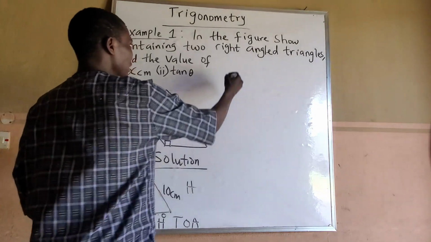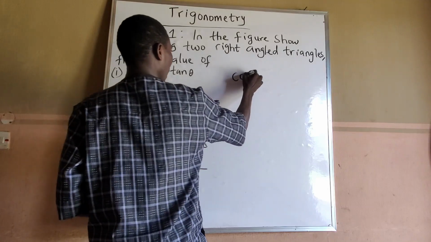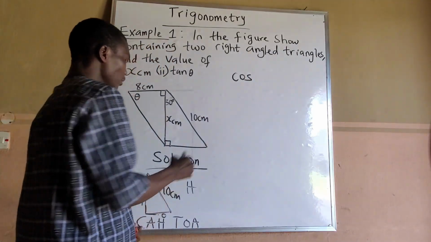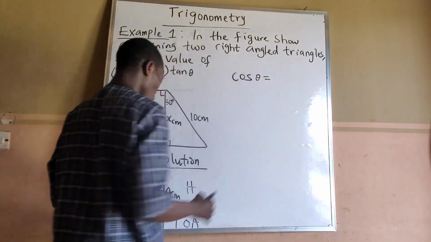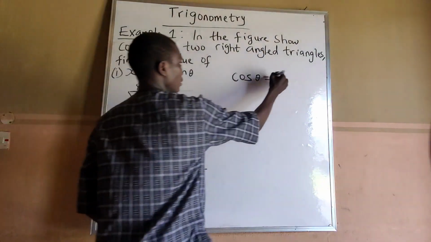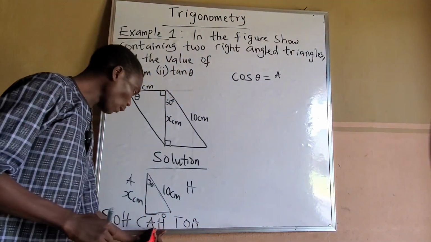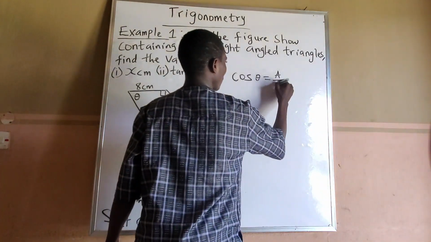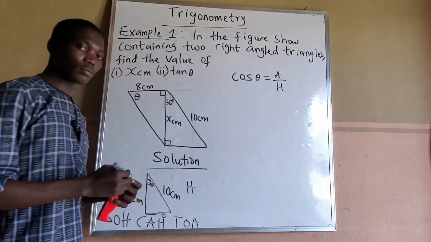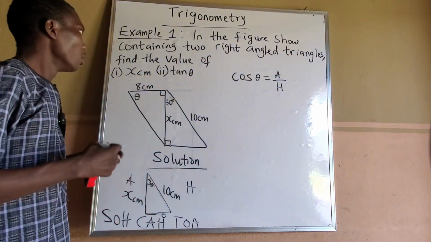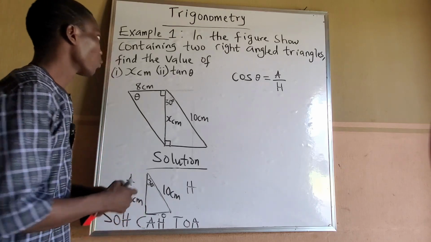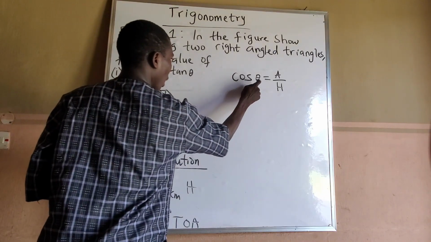So I will bring it out by saying cos theta equals adjacent, let me represent adjacent to be A, over hypotenuse, H. Okay. If you look at this, what is our angle?